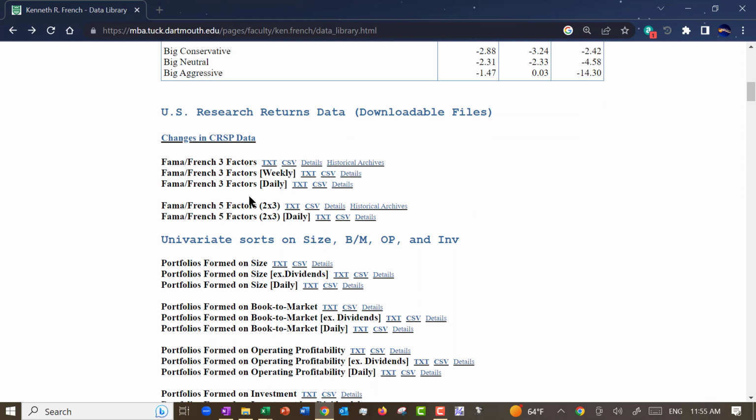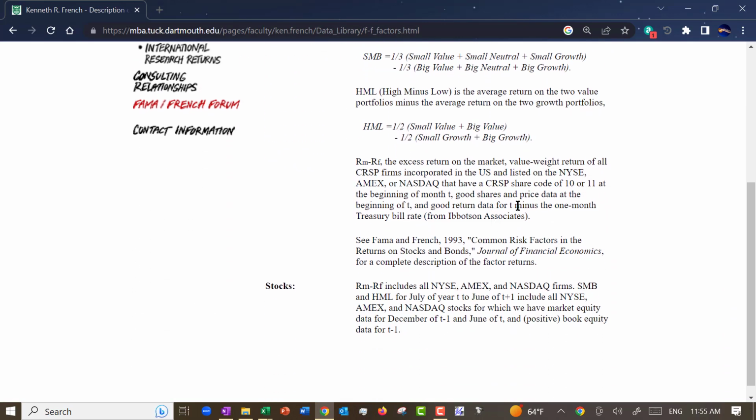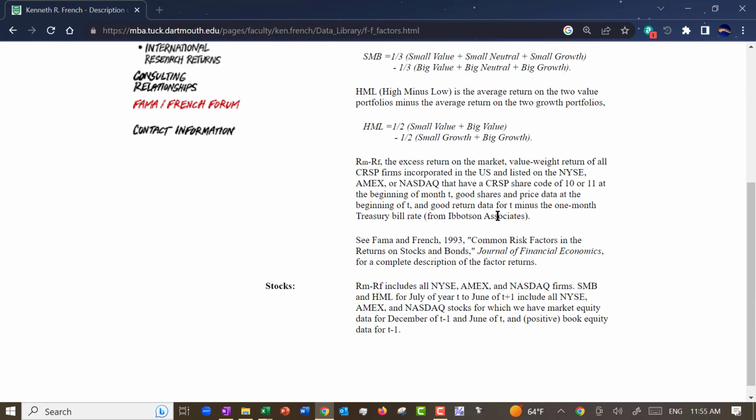If you get the details, the RF is, I do believe, the return on the one-month Treasury bill, basically.